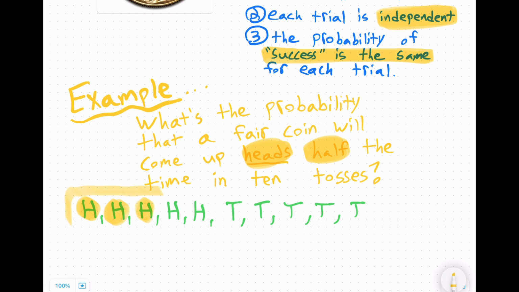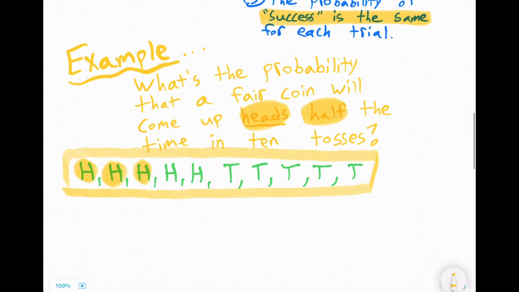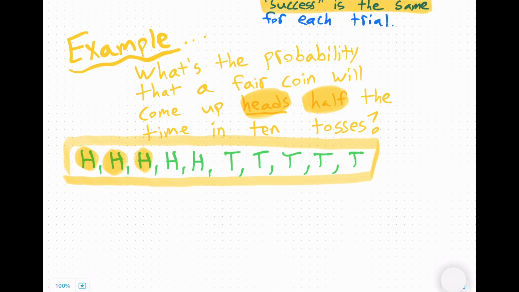But this right here is just one possible arrangement, or permutation, of an outcome in which half of the trials show up heads. But note that the order does not matter for this question. We don't care about the permutations, but the total combinations. The total combinations is 10 choose 5.